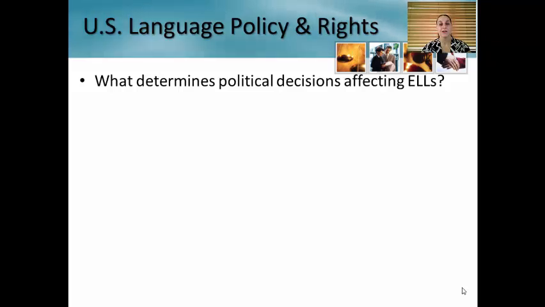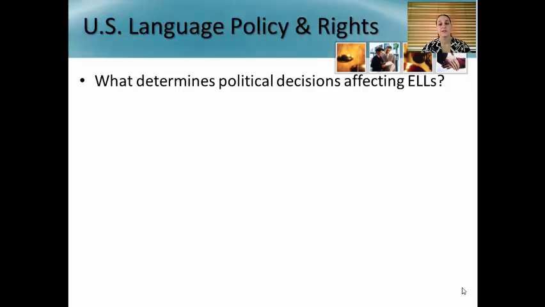So I'm going to try and make that connection for you today between the legislation that has been put into place and how it related to the events that were occurring at the time in society, because there's very much a relationship between the two.